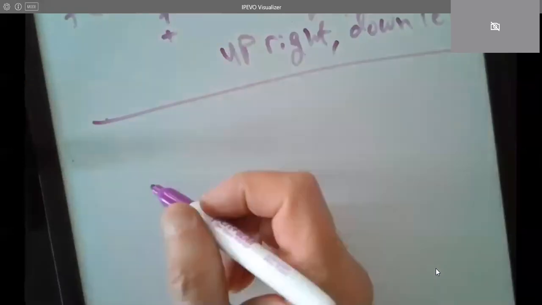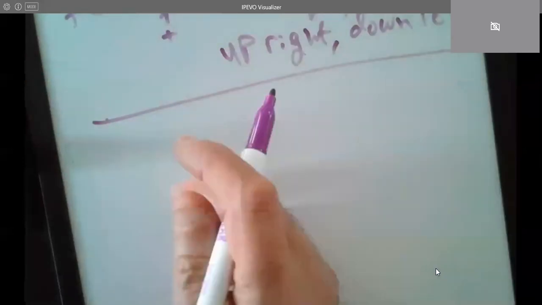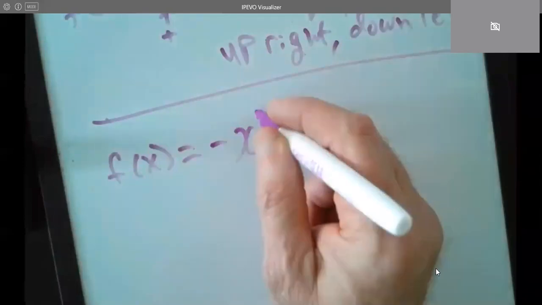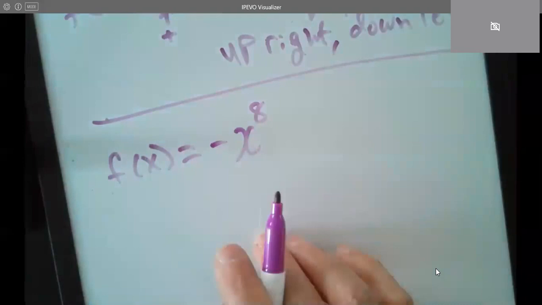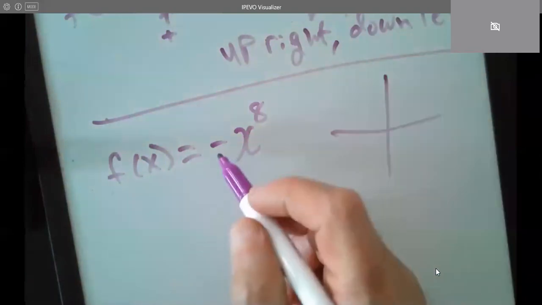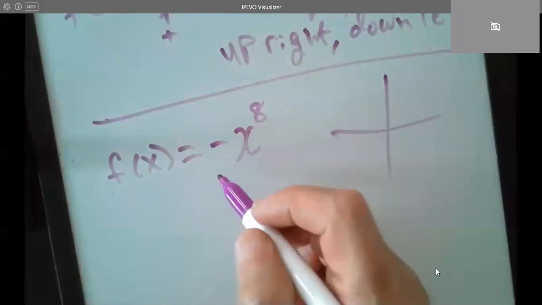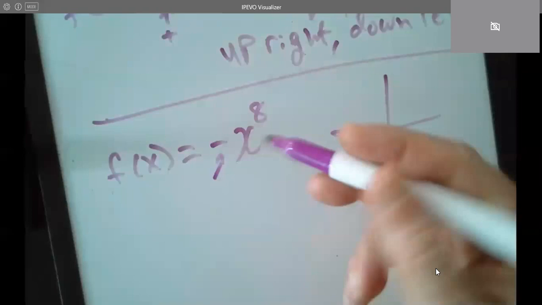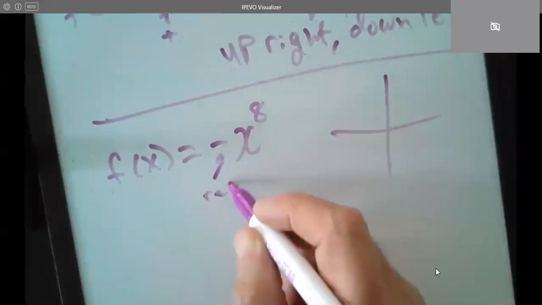Okay, the next one. Looks like f of x equals negative x to the 8. So that negative, that's going to make it do what? Yeah, it's going to make it flip, right? So it reflects.